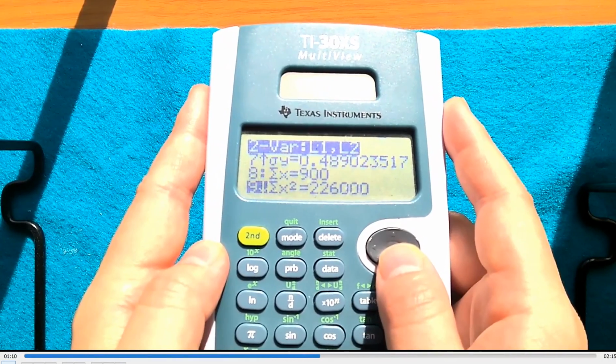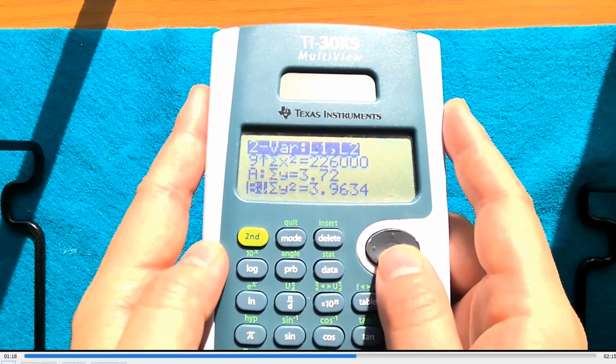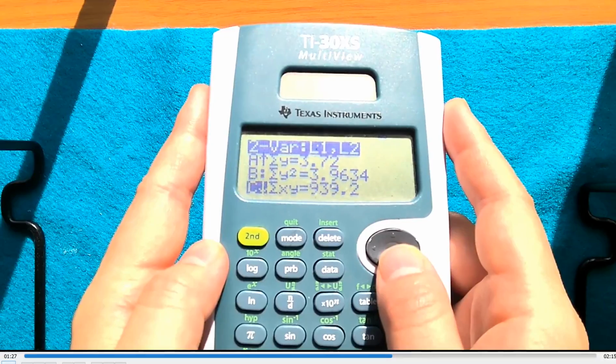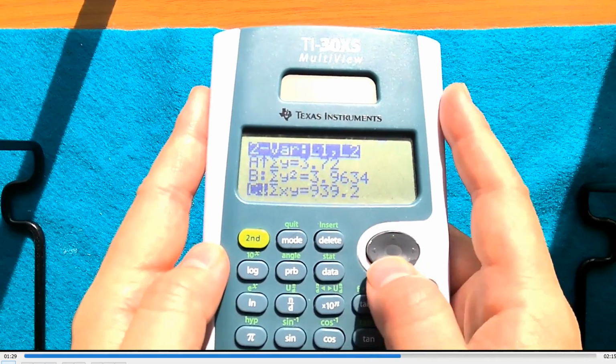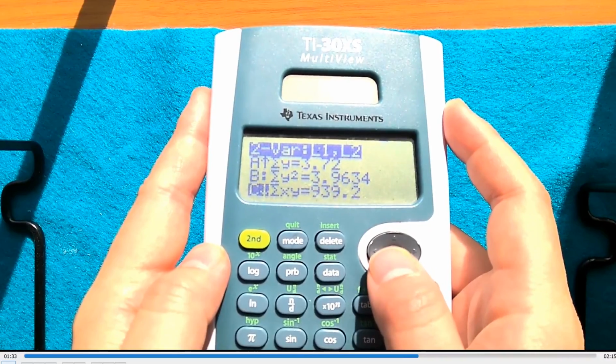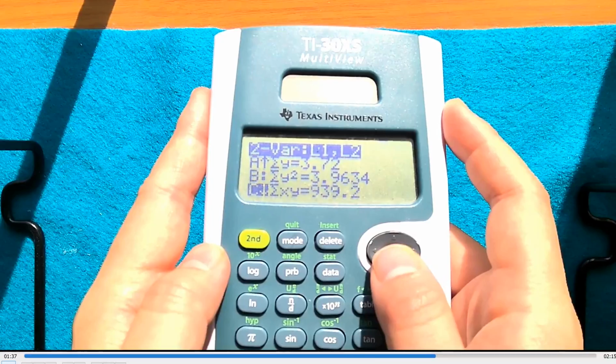Sum of X squared is 226,000. Sum of Y squared is 3.9634. Sum of XY is 939.2. So you're gonna need those numbers to calculate SXY and SXX. And then use the formula for regression line to find the B and A.